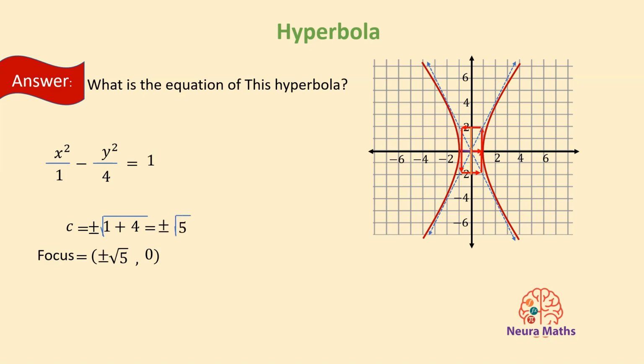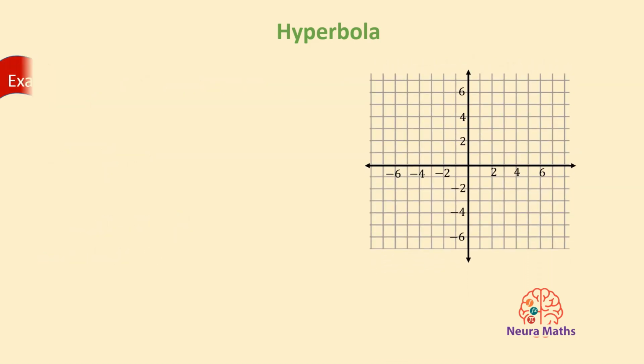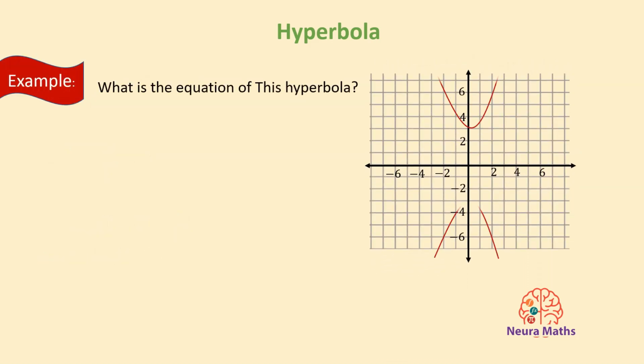Another example, what is the equation of this hyperbola? To determine the equation of the hyperbola, first we decide whether it is a vertical or horizontal one. The given graph is a vertical hyperbola as it opens up and down. So, its equation starts with the y squared term. What is the first denominator?